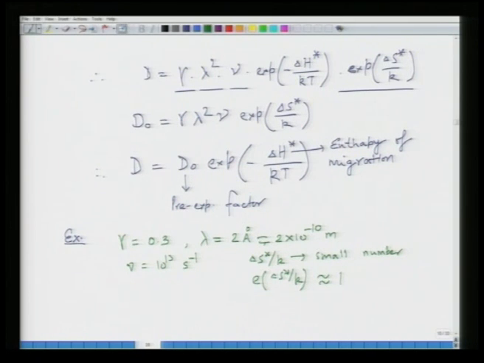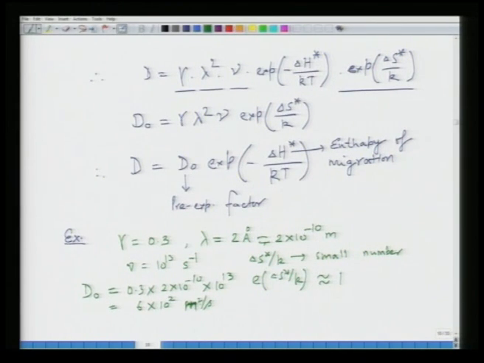Okay. So, in that case I can write D naught as 0.3 multiplied by 2 into 10 to the power minus 10 multiplied by 10 to the power 13, and what this looks like is 6 multiplied by 10 to the power 2 centimeter square per second.